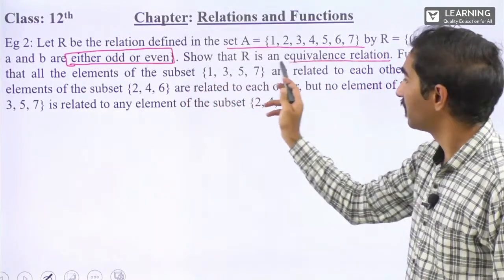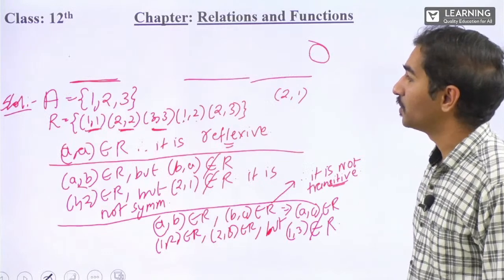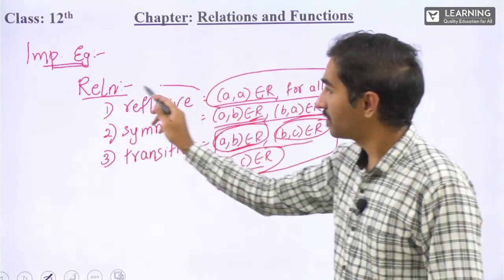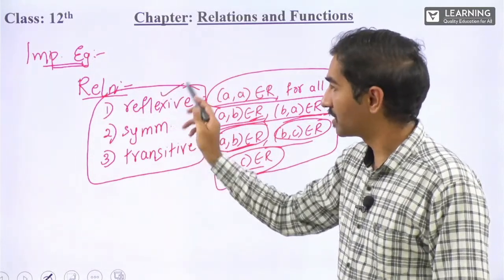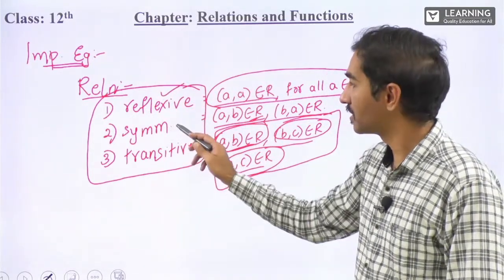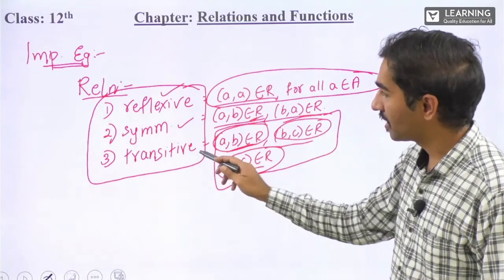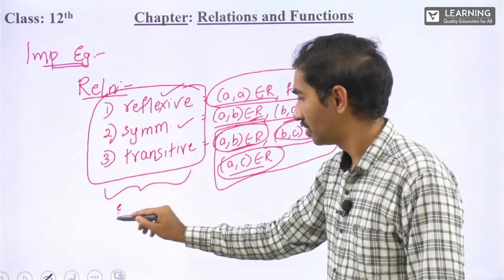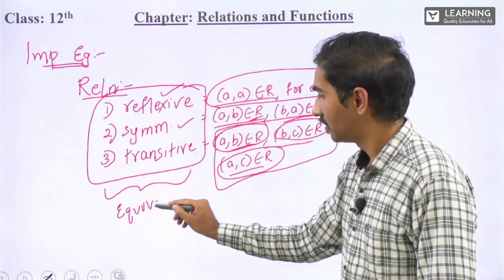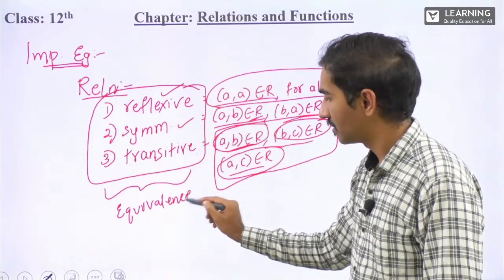So what is the meaning of equivalence relation, students? Whichever relation satisfies reflexive, symmetric, and also transitive, together we call it an equivalence relation.